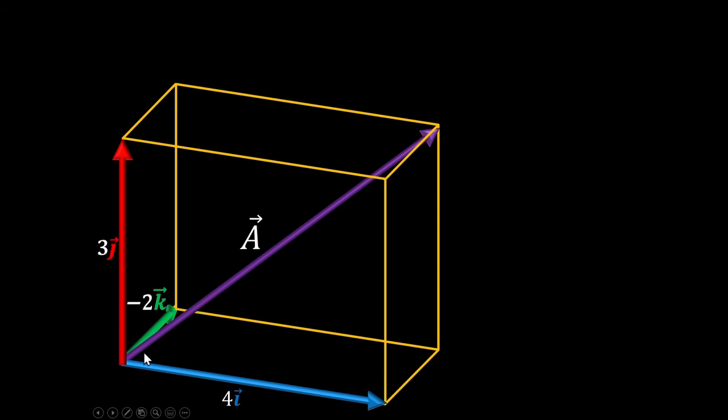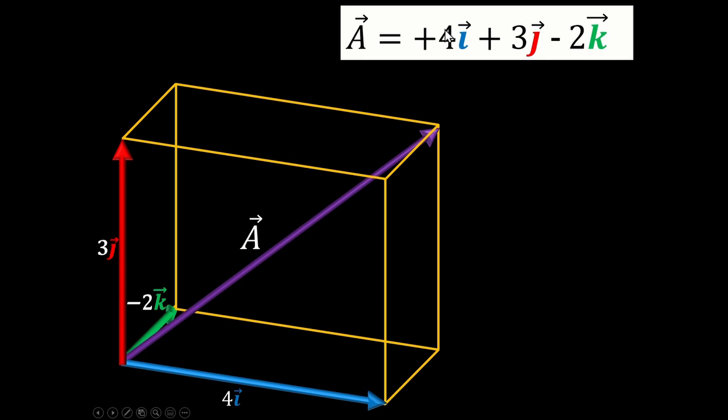What that allows us to do is we can describe a vector here in 3 dimensions. So we could have the components of this vector be 4i, 3j, and negative 2k. And we can write it as just like taking this plus that.